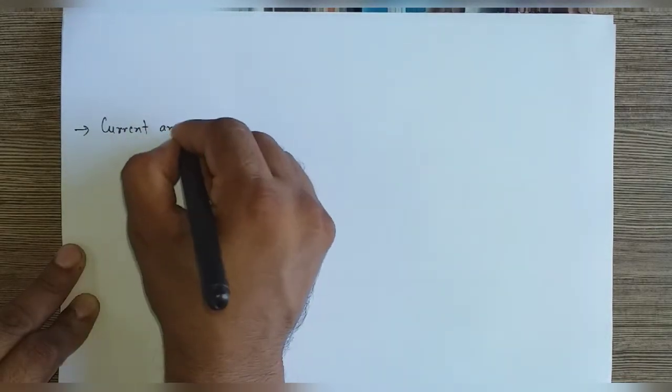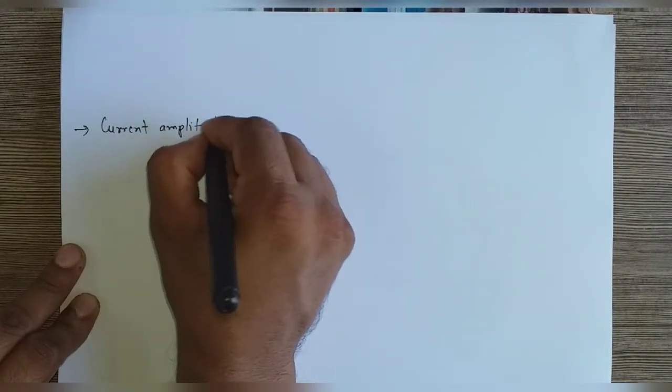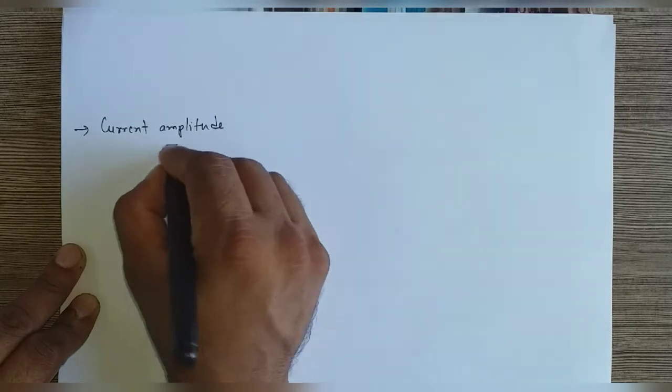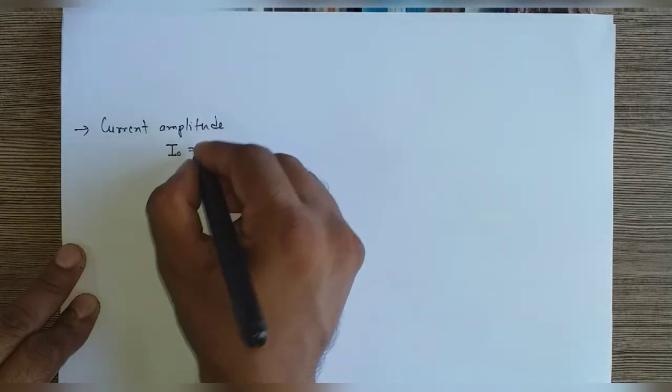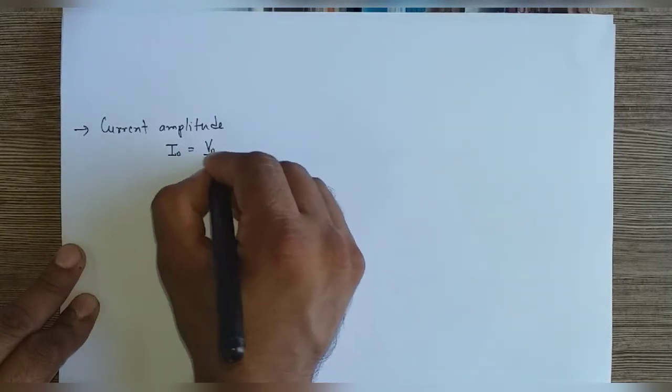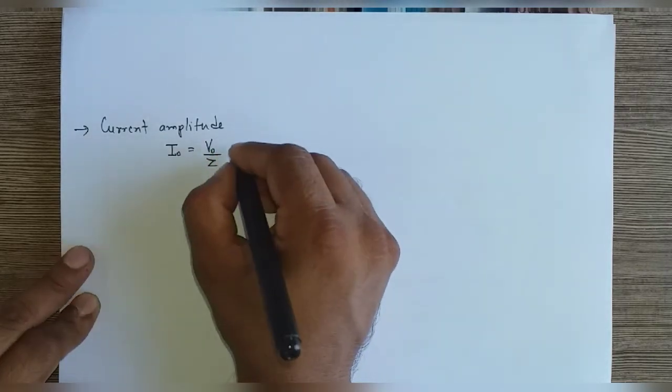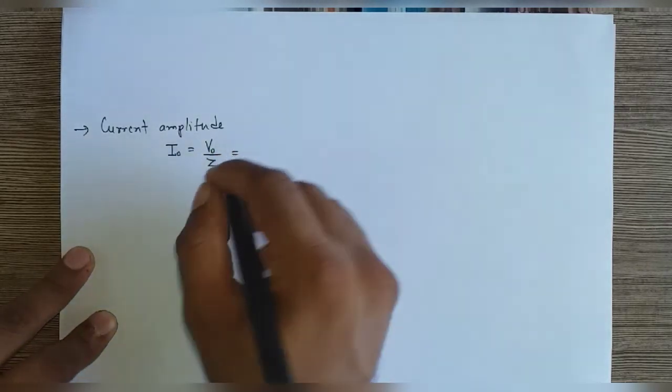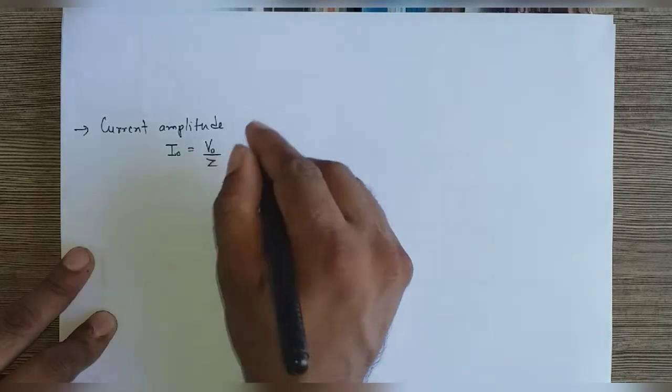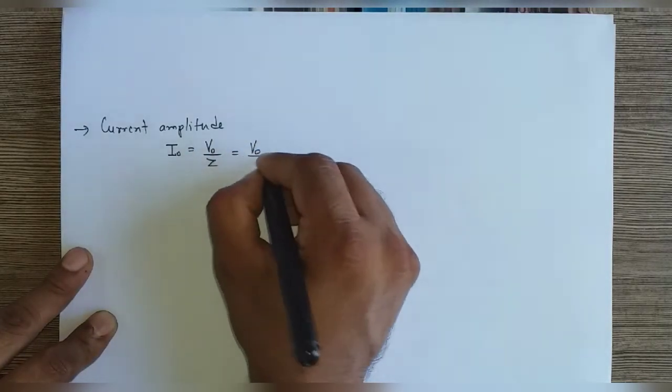The current amplitude I naught is equal to V naught by Z.